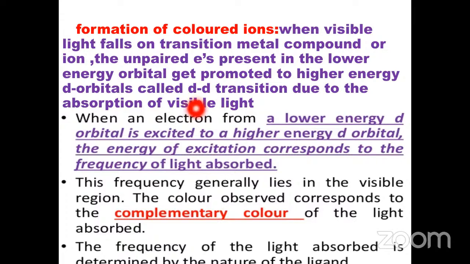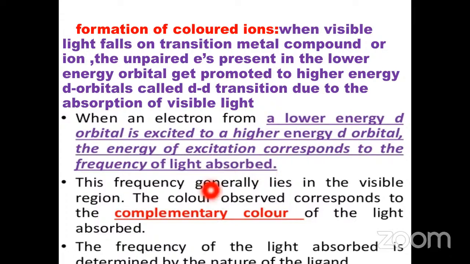This process is called d-d transition. The promotion of electrons from lower to higher energy level is taken by absorption of visible light. When an electron from a lower energy d orbital is excited to a higher energy d orbital, the energy of excitation corresponds to the frequency of light absorbed.